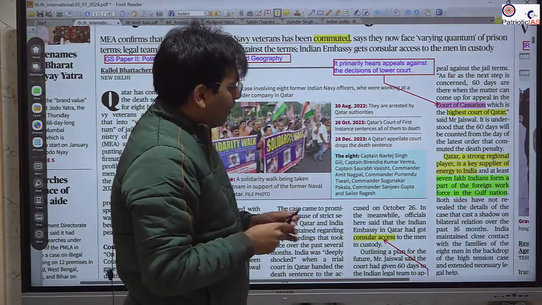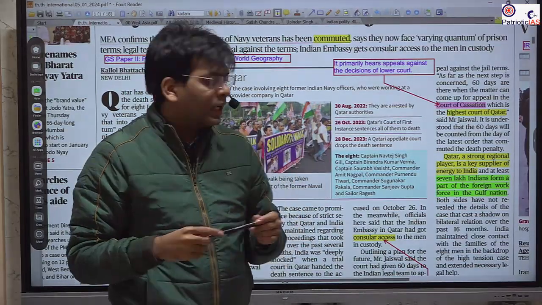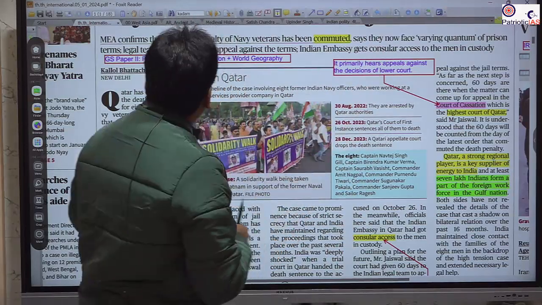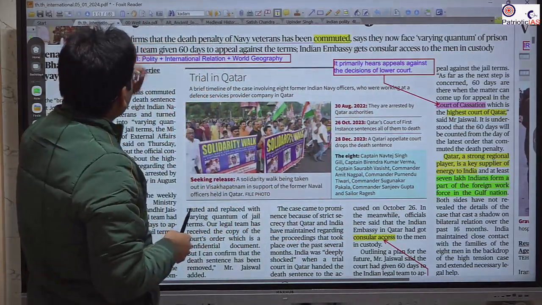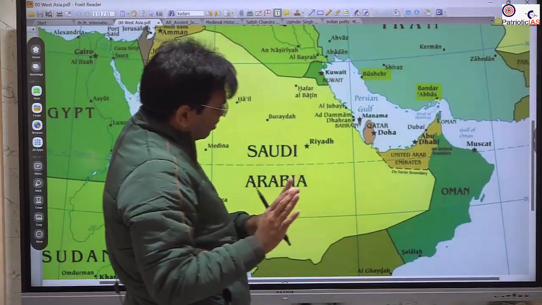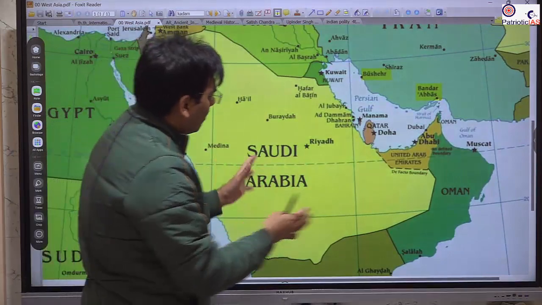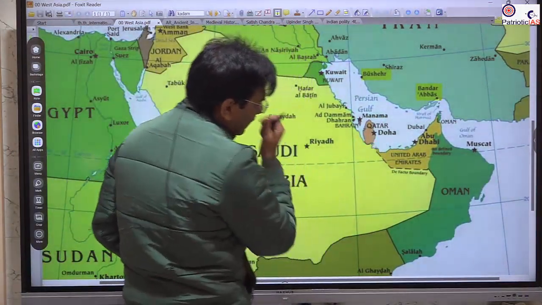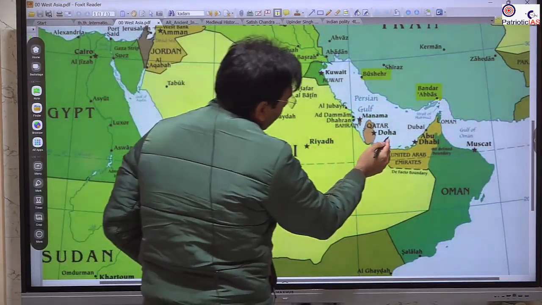So we will always follow this approach: whenever anything important comes and it is location based, we will locate it on the world map. Today we will locate Qatar. Just keep in mind what the surrounding areas to this particular location are. Qatar is here. The capital of Qatar is Doha.